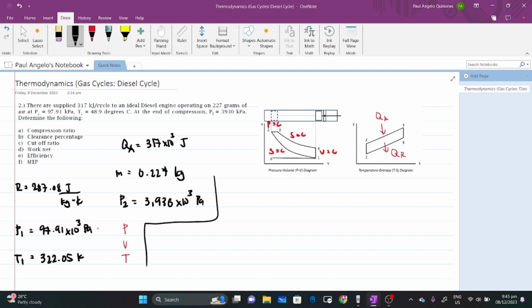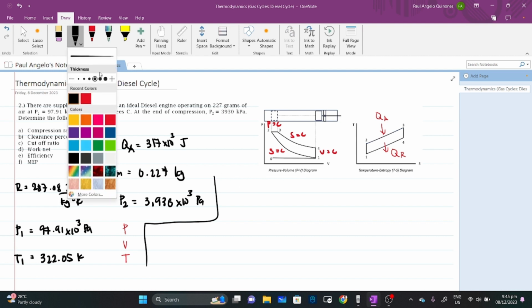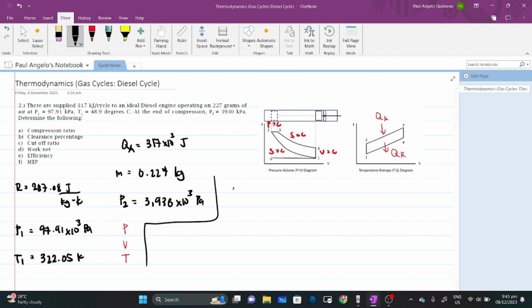In point number 1, we are given P1, T1, R, and M. Since we are given P1 and T1, we can solve for V sub 1. That is letter A.